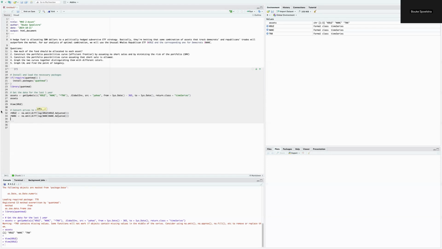And for TNX, we can go ahead and basically do the same, except we're going to take a little bit different approach. Essentially, it needs to take that TNX adjusted column and scale it to the current time frame that we're on.